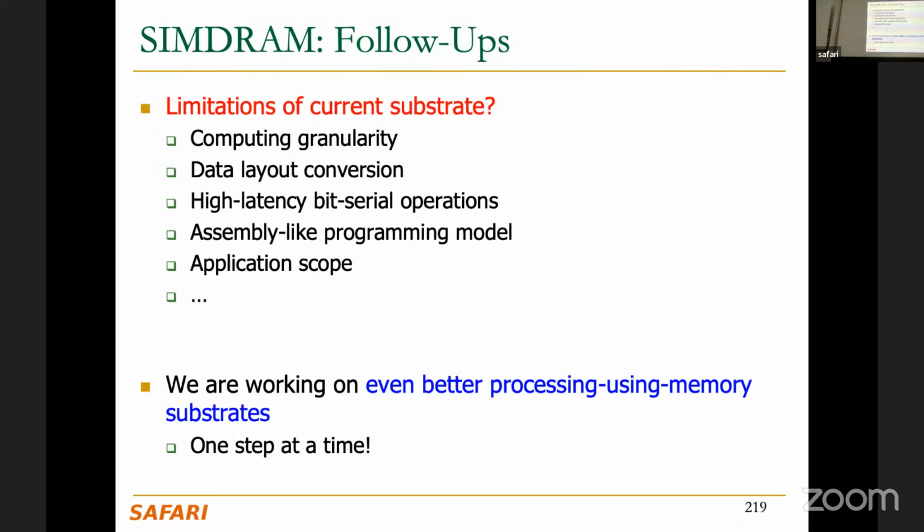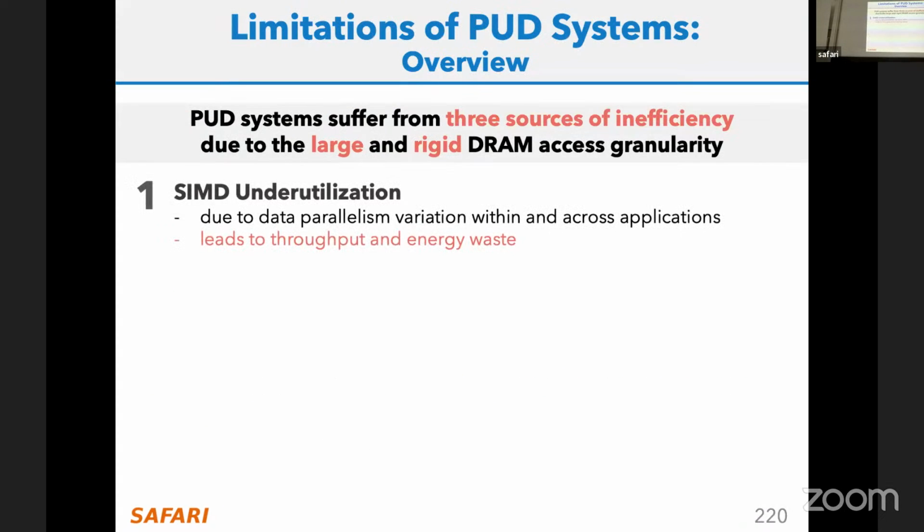So one of those challenges is the computing granularity of processing-using-DRAM operations. For example, when you do addition, following what I just mentioned, using these triple row activations and row cloning operations, you are doing the addition over an entire DRAM row. In DDR3 chips, the entire DRAM row is 4 kilobytes of data, and in DDR4 it is 8 kilobytes.